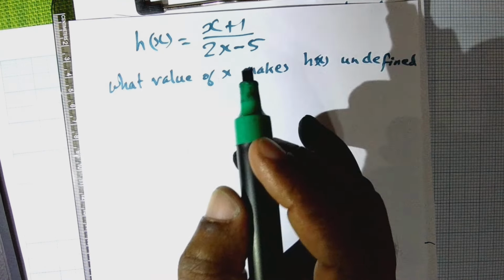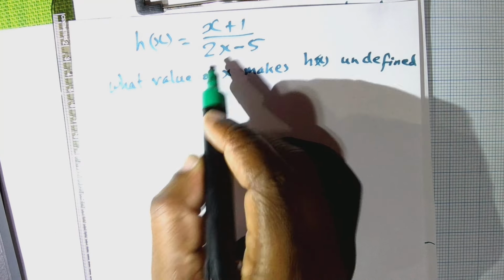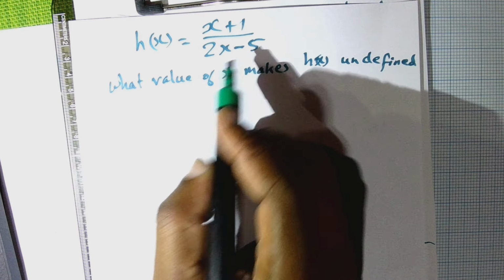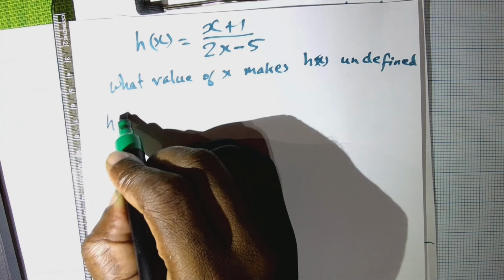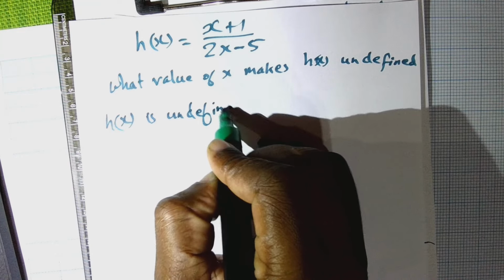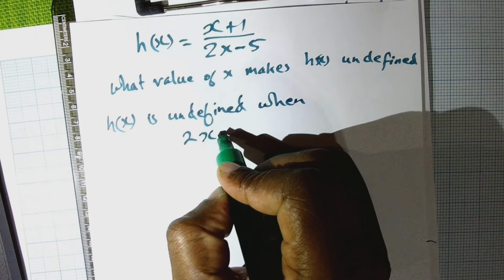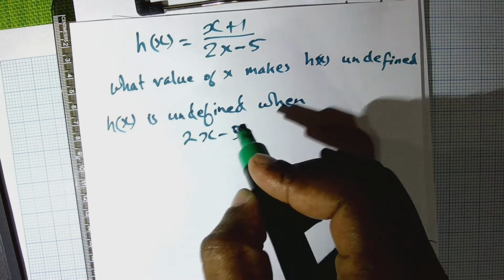Alright, so that's the case. A function is undefined when the denominator is equal to 0. So we can say h of x is undefined when the denominator 2x minus 5 is equal to 0.